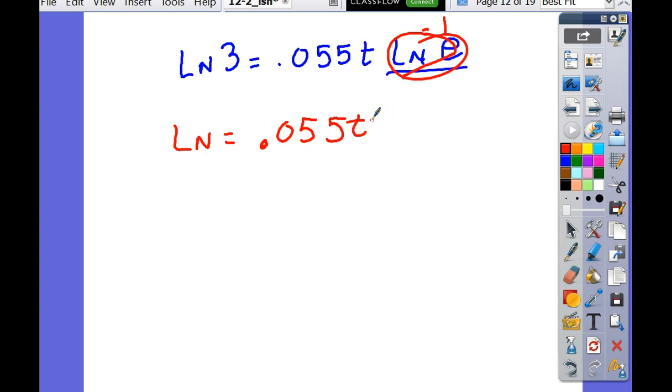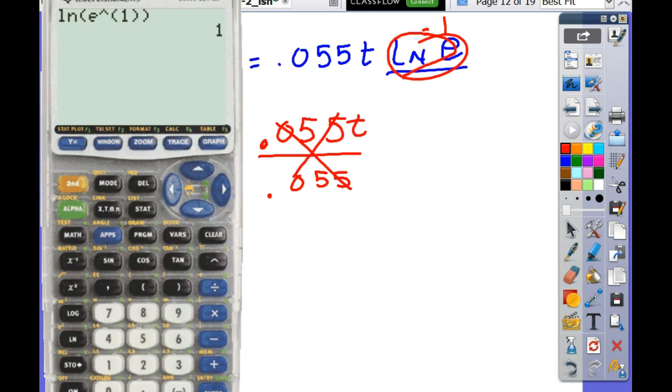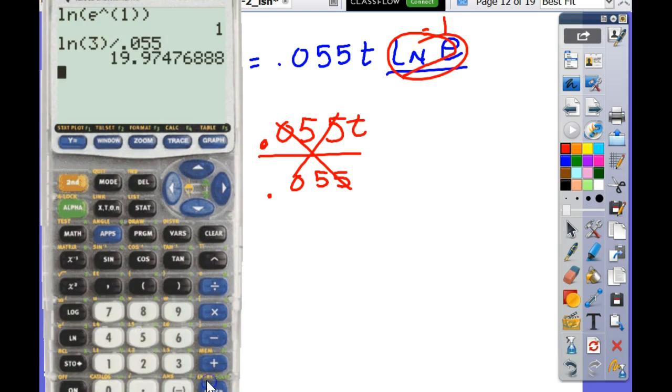And then I'm going to divide both sides by 0.055 to cancel that out. Log of 3 divided by 0.055 gives me 19.97 years.